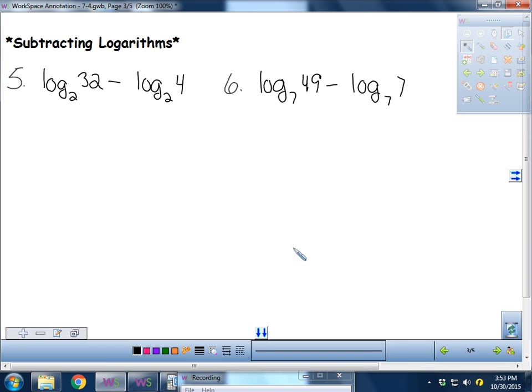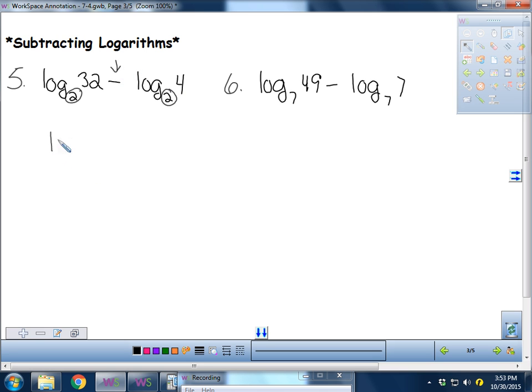Let's talk about subtracting. Subtracting is pretty much the same thing as adding, except instead of multiplying, we are going to divide. So same process. Look at your bases. You have a log base 2 and a log base 2, and you are subtracting those two logs.